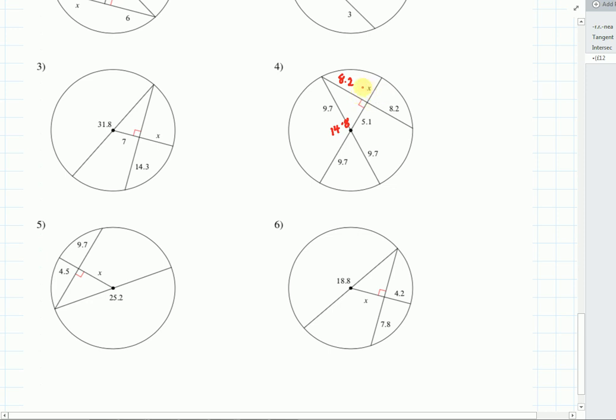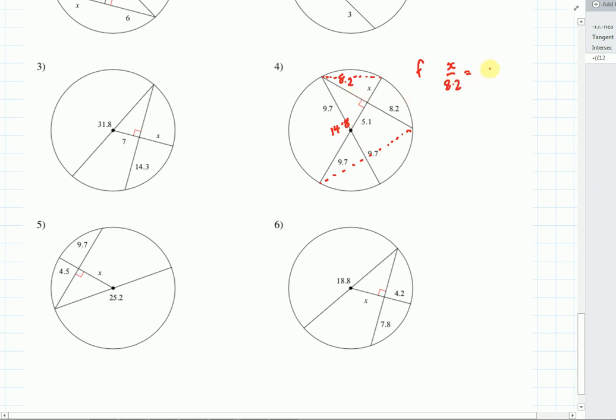If you remember the formula, you split things to create these two similar triangles, and the scale factor is x over 8.2 is equal to 8.2 compared to the 14.8.